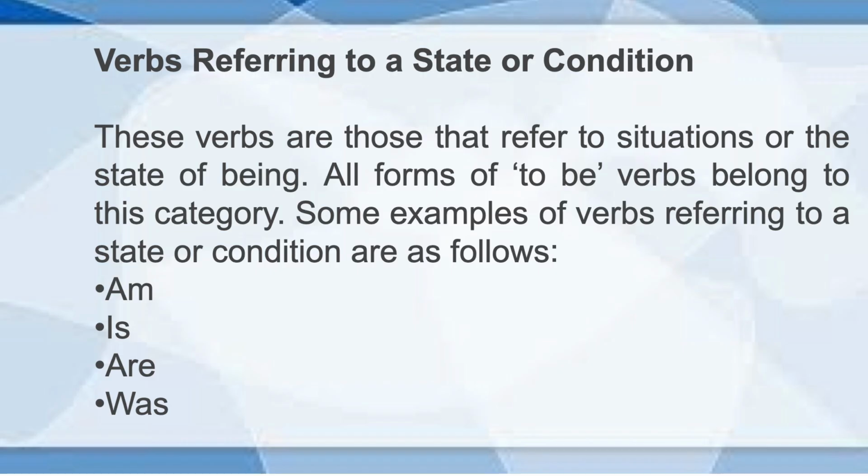All forms of to be verbs belong to this category. Some examples are as follows: am, is, are, was, were, have, has, will be, appear, seem, become, been, being, etc.